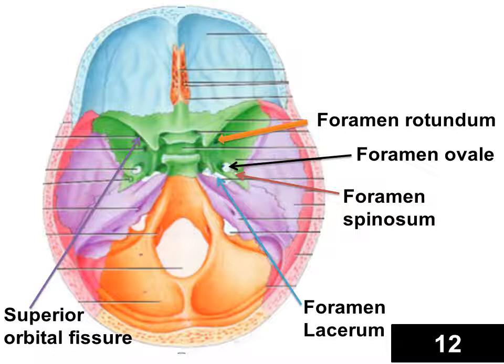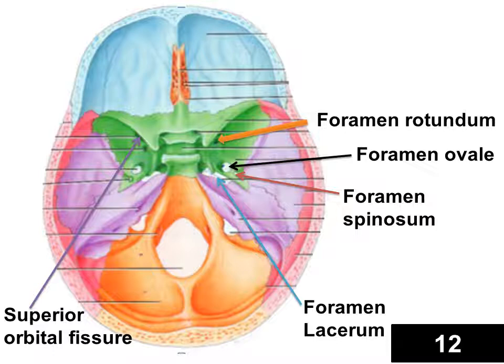Through it pass the following. The third cranial nerve, the oculomotor nerve. The fourth, the trochlear nerve, and part of the branches of the ophthalmic, one of the 3 divisions of the trigeminal nerve, the fifth cranial nerve. The ophthalmic is one of 3, and it also divides into 3: frontal, nasociliary and lacrimal.